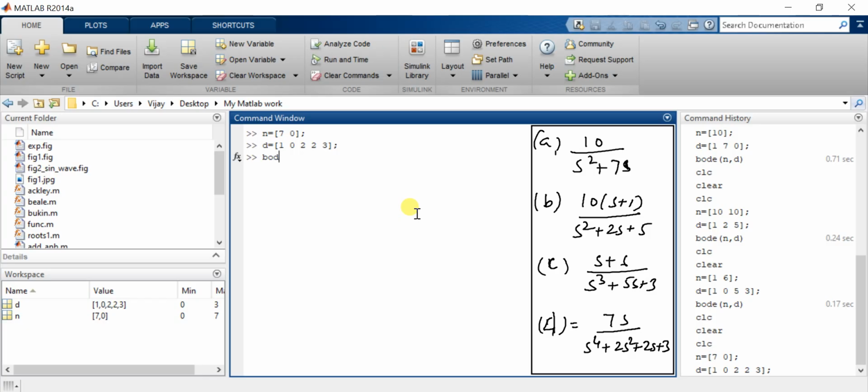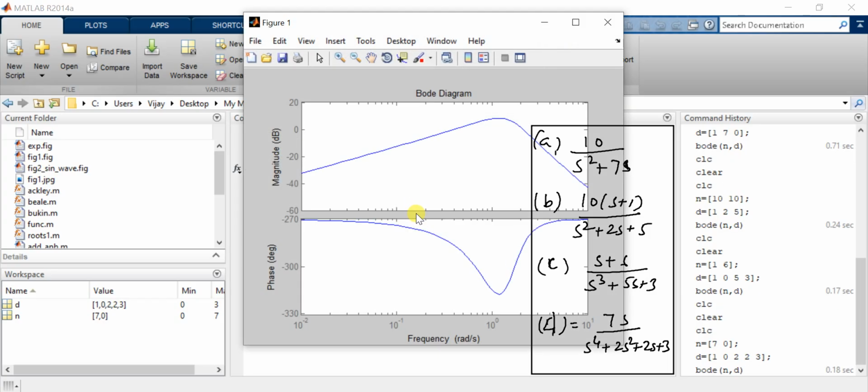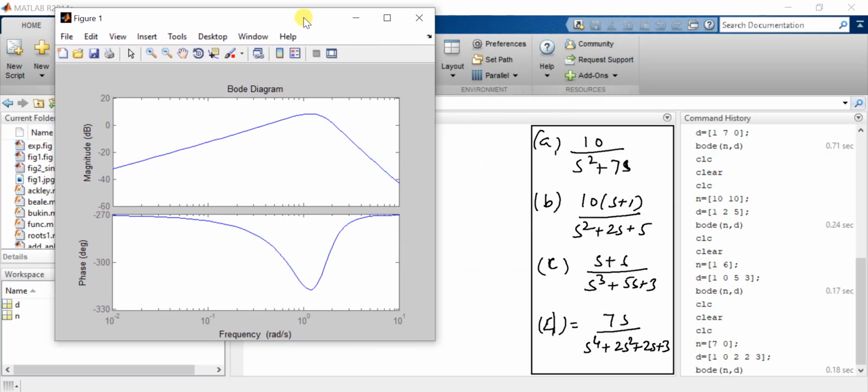Now you can simply draw its Bode plot by passing these two matrices to the Bode function. When you hit enter, this will give you the Bode plot of this particular system.